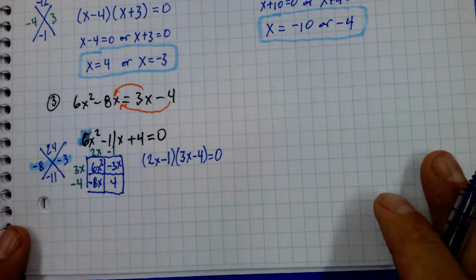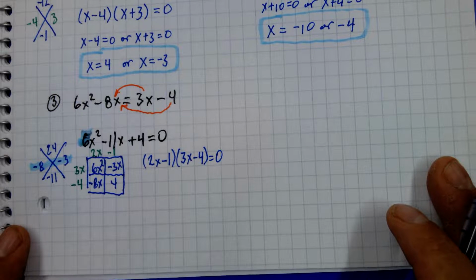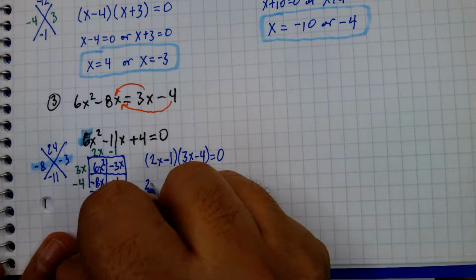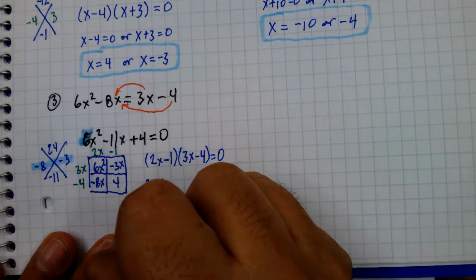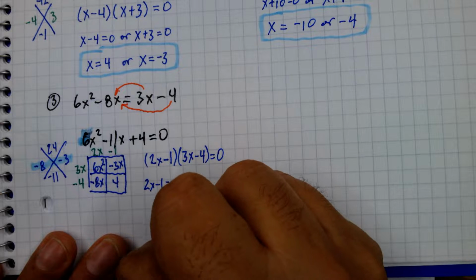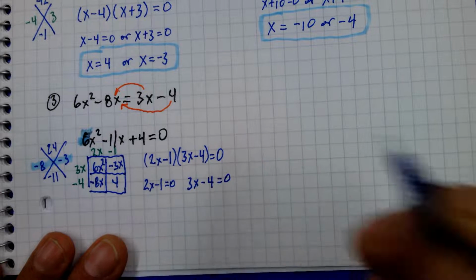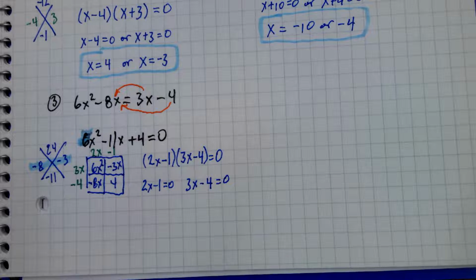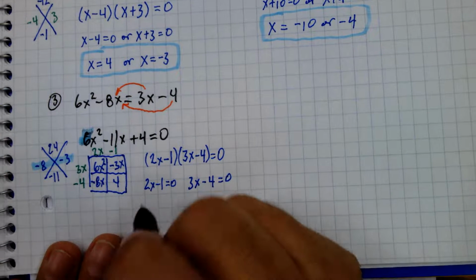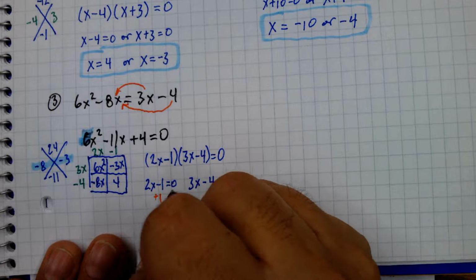What can we do now? Set this up. 2x take away 1 is 0. And then we got 3x minus 4 is 0. And so it's going to be a little tougher. You got to get rid of the constant first, plus 1.